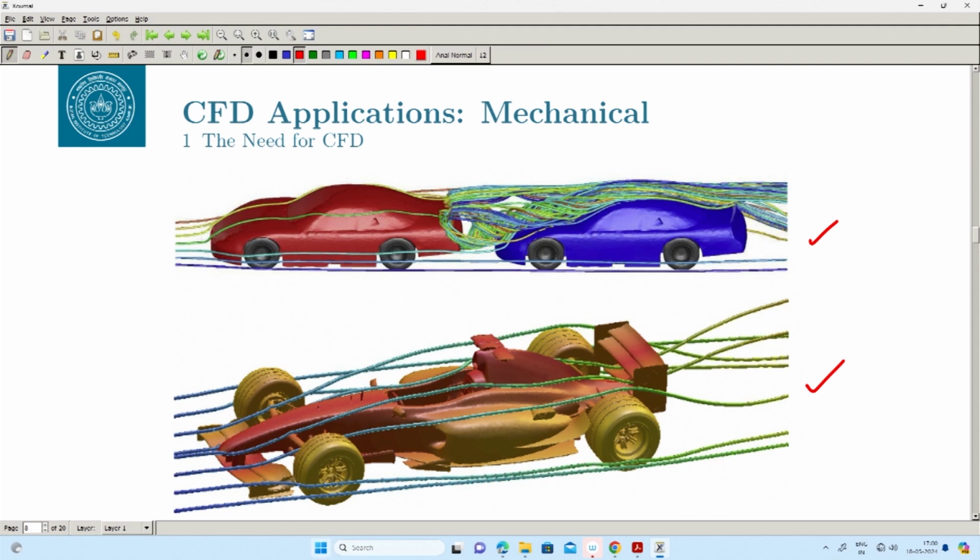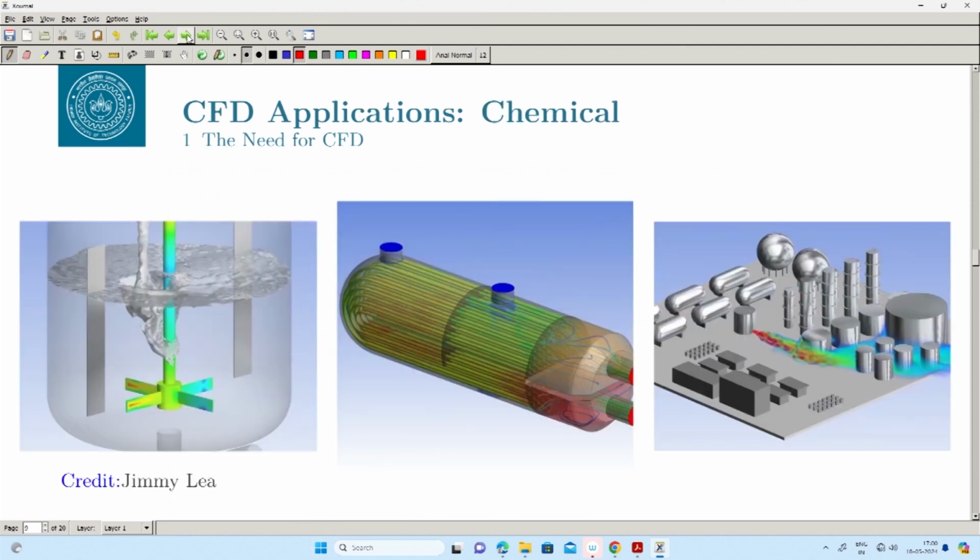So, these are mechanical applications, and then you have chemical engineering, where it is also very popular. Let us say on the left that you see here, you have a designed stirrer, and you want to see how the mixing is taking place, and whether it is up to your expectation or not. So, you can do these kinds of simulations. For the heat transfer here, you can put in so many tubes and simulate it, and you can find out how the heat exchange is happening.